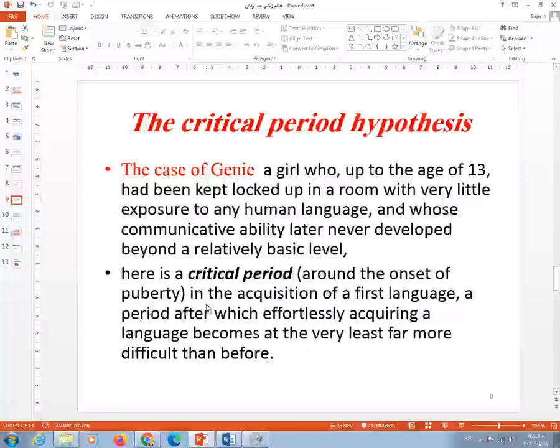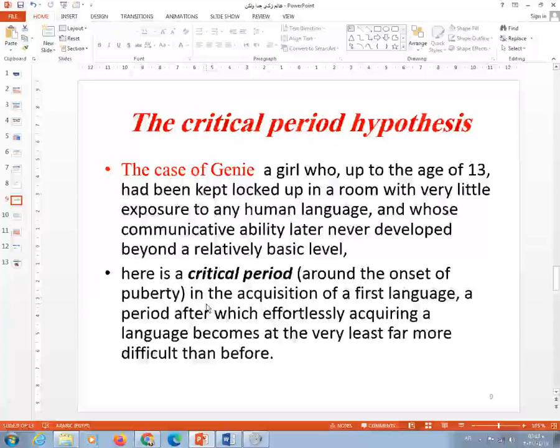This is what we call the critical period hypothesis. The advocates of this theory say that the earlier the better. If we learn something early, it will be much better, because we're going to acquire it easily and effortlessly.